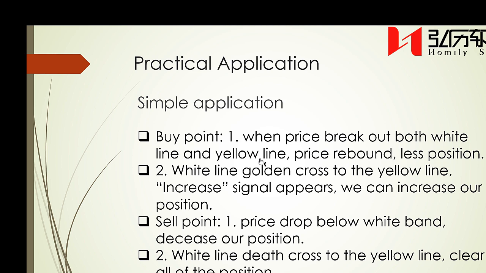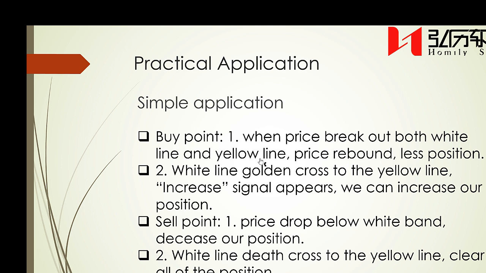The first one, the simple application, is normal usage. When the price breaks out of both the white line and the yellow line, it means the price is rebounding. So here we can buy with less position. We cannot increase our position here.